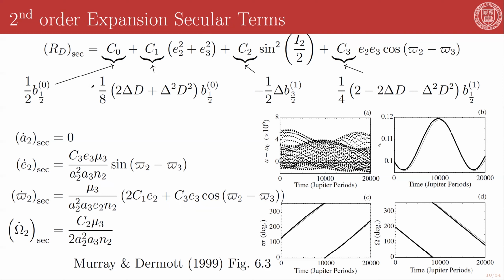And we are furthermore going to simplify things by defining these coefficients, C0, C1, C2, and C3, that map to the coefficients found on that previous slide. C0 will be just 1/2 the Laplace coefficient B0 of 1/2. C1 will be this whole expression.